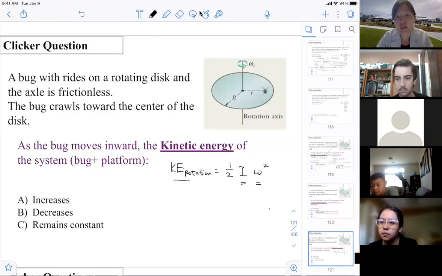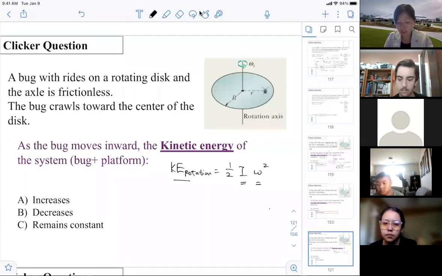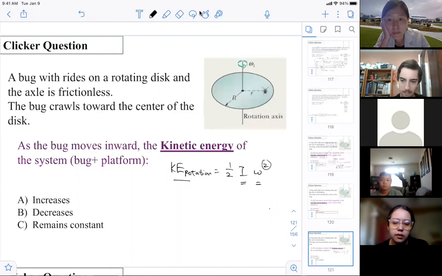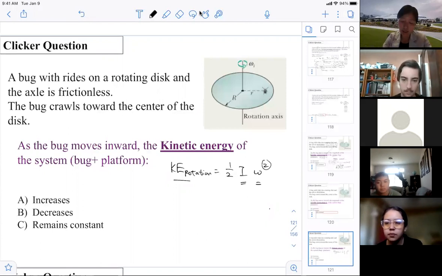The second thought you had was that the omega is squared. Do you think that square makes any difference? Yeah, because for a little small change, it'll just make it an even bigger one. Yes, very good. So I is decreasing and omega is increasing.